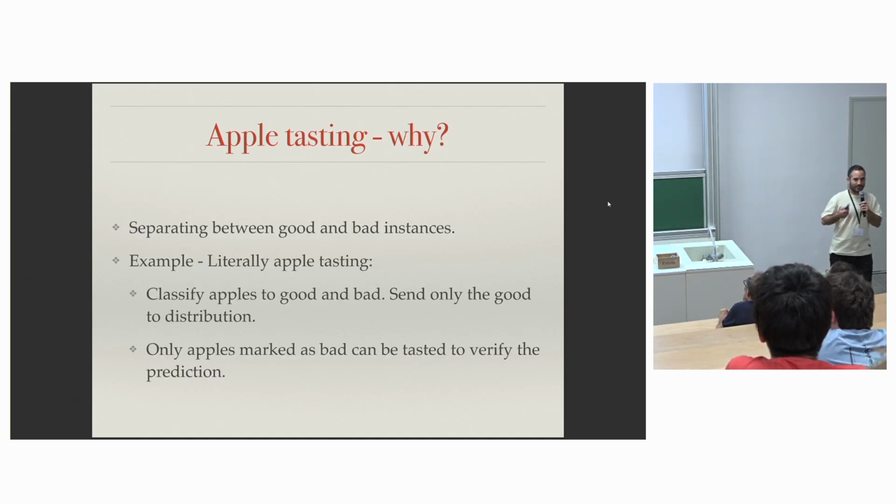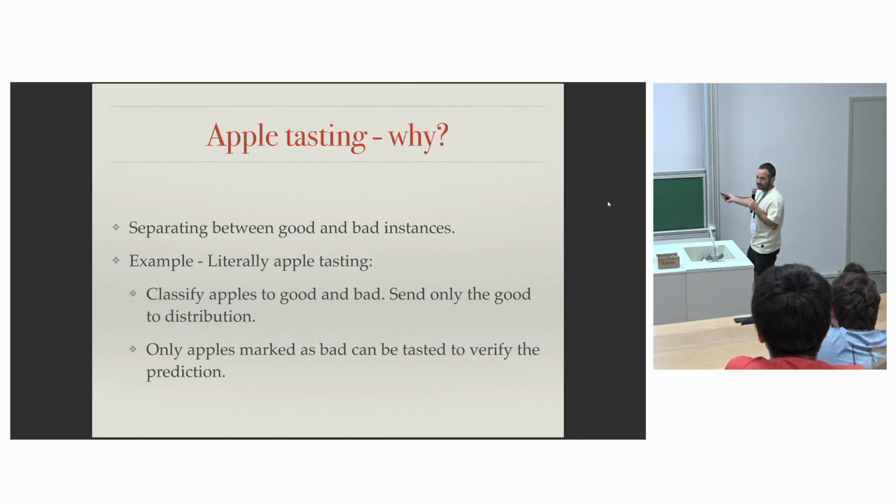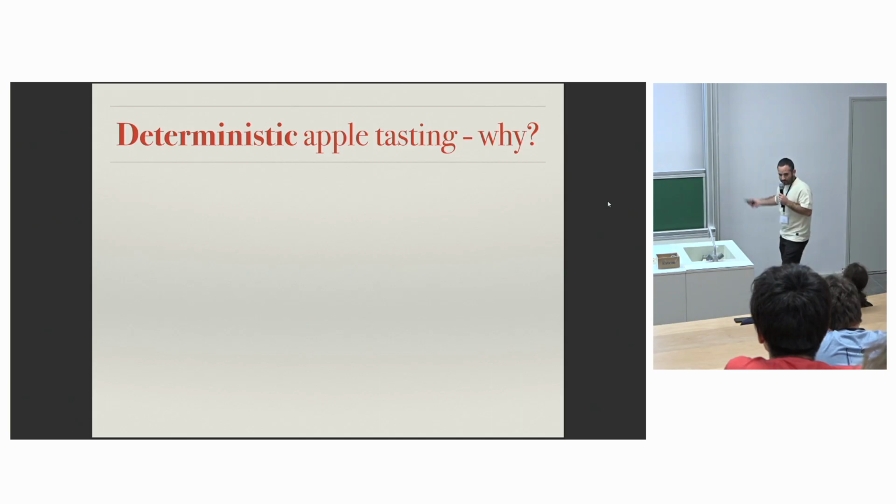Think you want to sell apples and you only want to send the good apples to the market. Once you decide an apple is good and you send it to the market, you can't taste it and really verify that it's good. But the bad apples that you keep for yourself, you can taste and make sure that they're actually bad, to improve your next predictions.